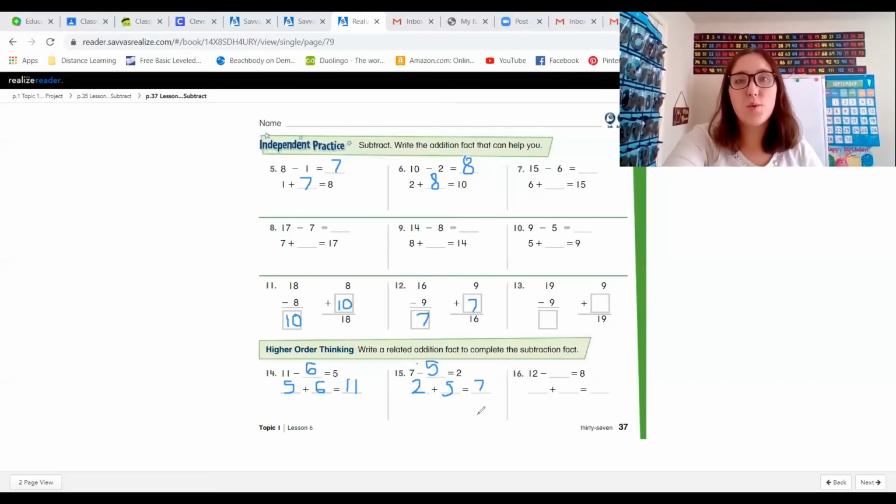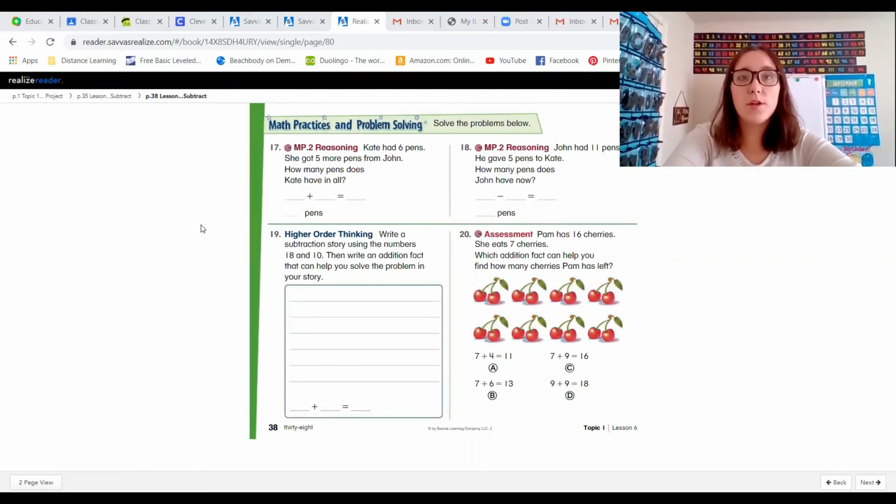Let's turn the page and do one more problem together. Okay, we're going to do number 17 together. So number 17 says, Kate has 6 pens. She got 5 more pens from John. How many pens does Kate have in all? So she started with 6 pens and she got 5 more.